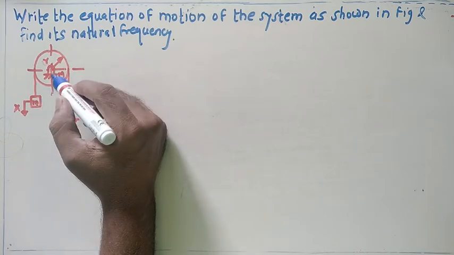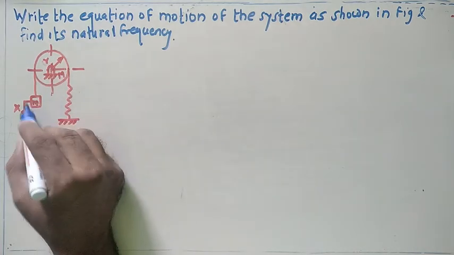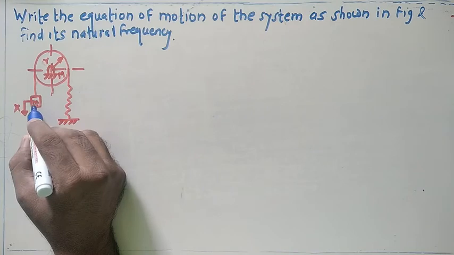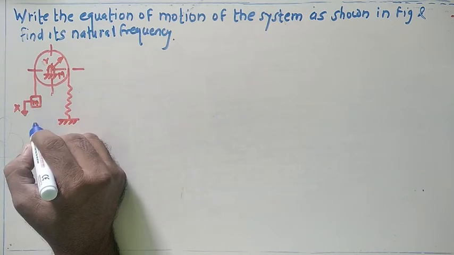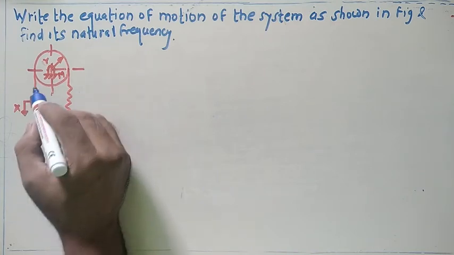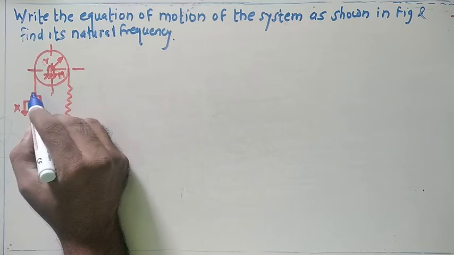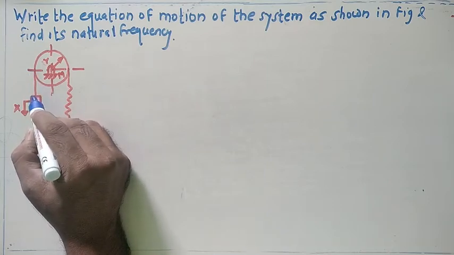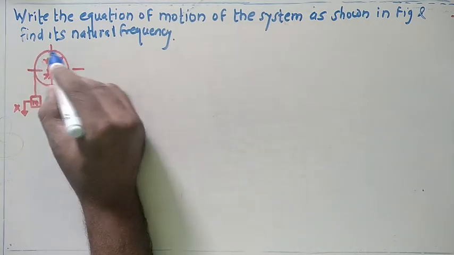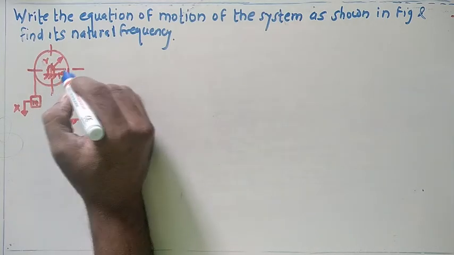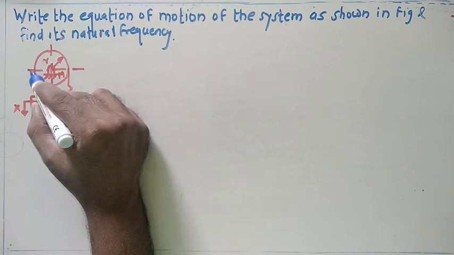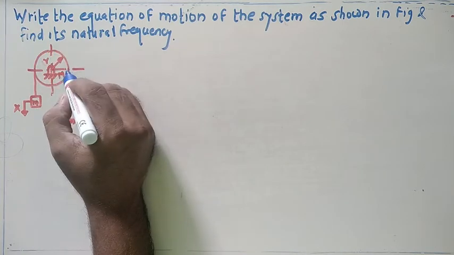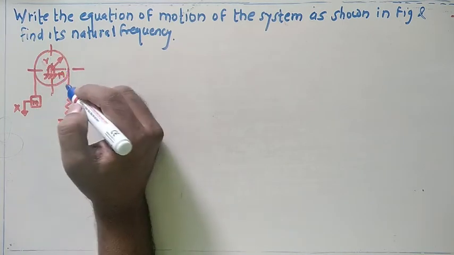If we concentrate on this mass, if I pull this mass in the downward direction, the mass is attached at the end of a rope or string that is wrapped on the surface of this pulley, and the other end of this string is connected with this spring.